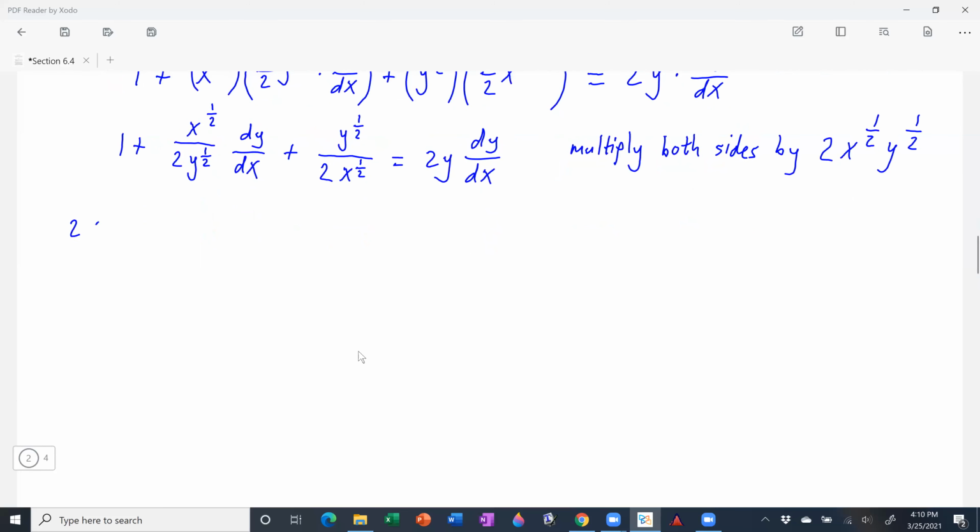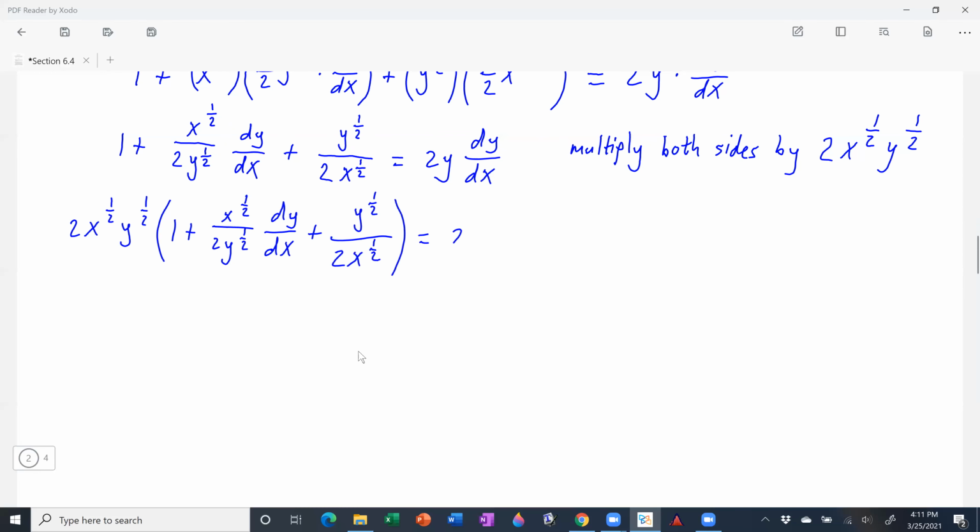So we're going to go 2x^(1/2) y^(1/2) times all of this, on both sides of the equation. This is going to clear all of the fractions.